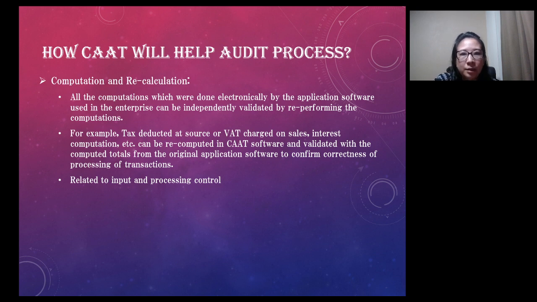So how will the CAAT help the audit process? There are several usages that CAAT will help with. The first is to do computation and recalculation.